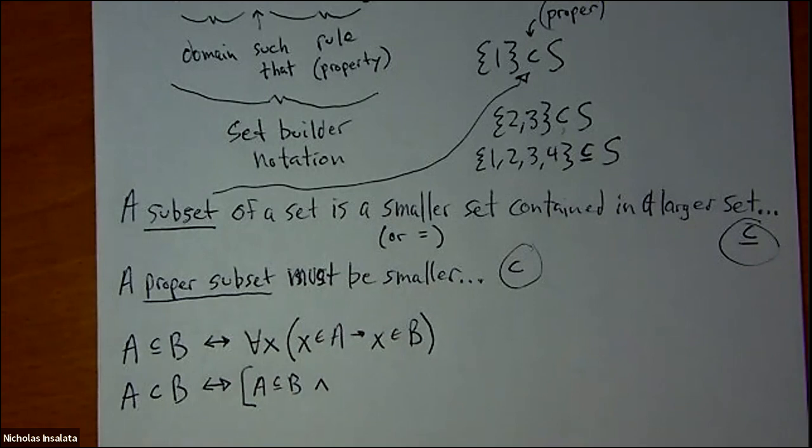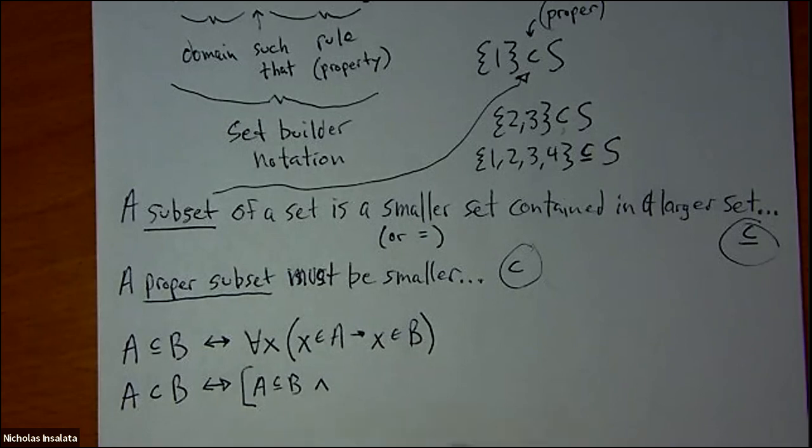How can I use formal logic to describe the idea that A has fewer elements than B? Very good.